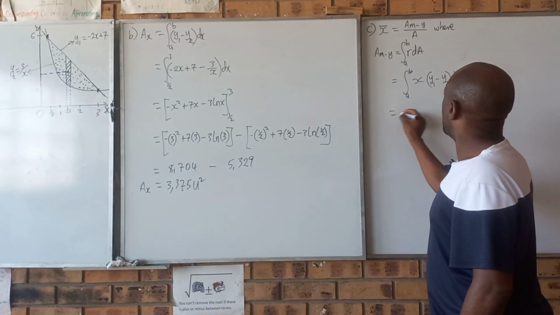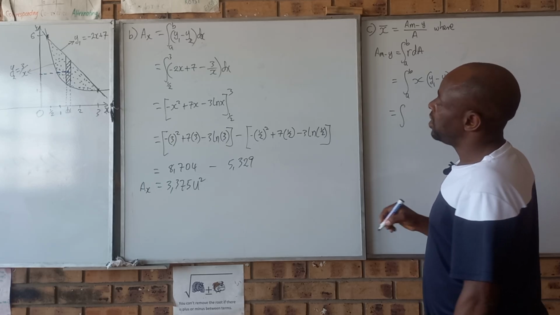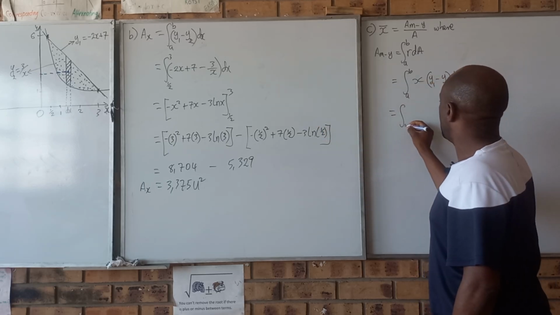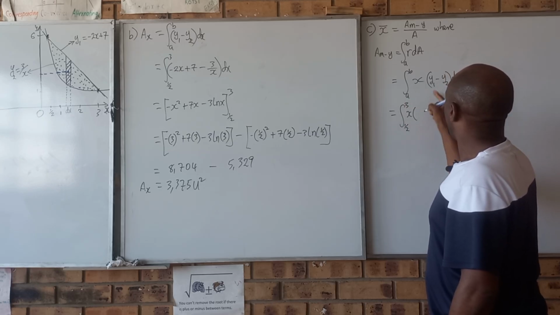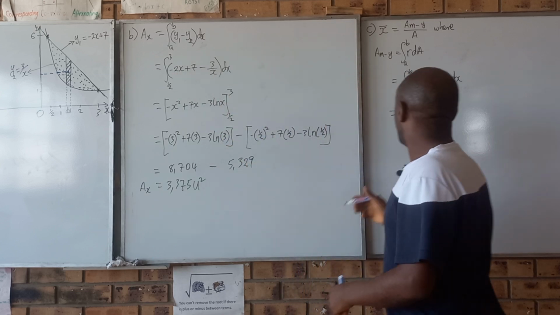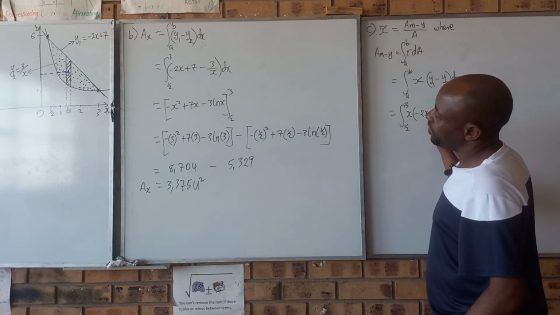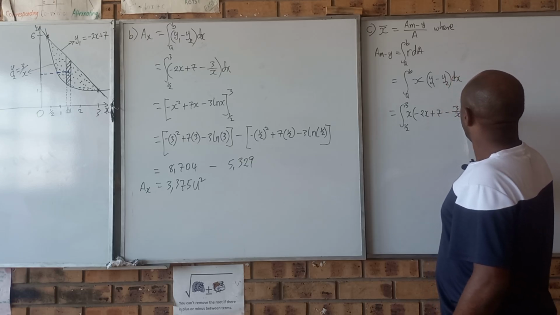So we can now substitute the upper and lower limits by the same ones we used for area. So you take 1 over 2 to 3 of x into y1 minus y2. Don't forget we did y1 minus y2 already, which is negative 2x plus 7 minus 3 on x, dx.